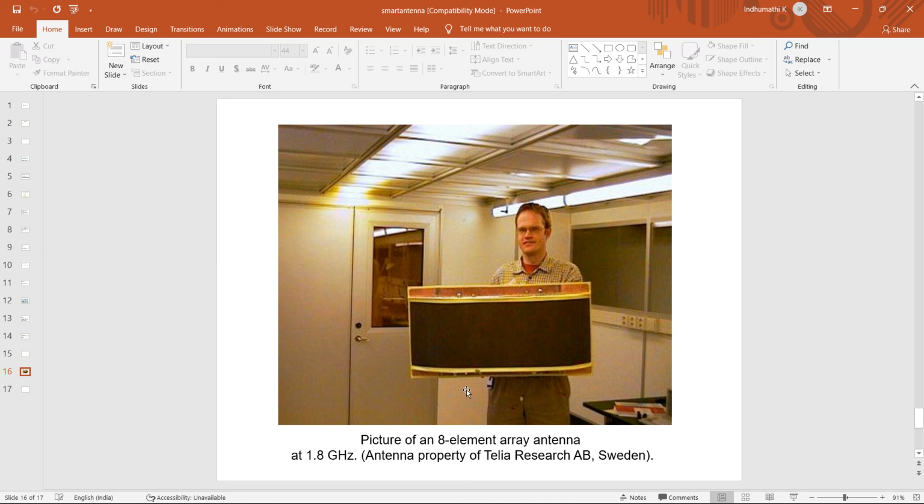And this is a picture of an 8-element array at 1.8 GHz, which has been developed by antenna property of Telia Research AB, Sweden. So this is all about the introduction and the background study of smart antennas. I will see in detail about this adaptive array in the next presentation. Thank you.